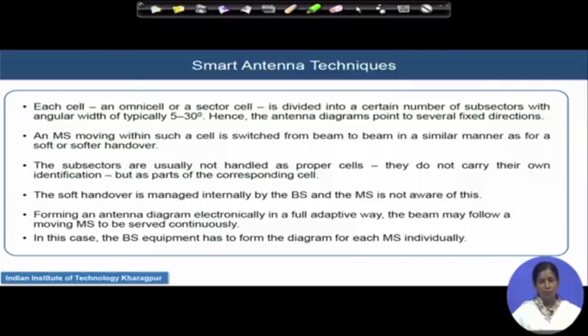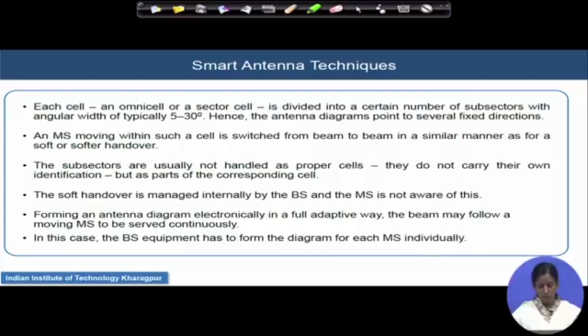In case of the uplink, the beamforming inside the receiver itself is a completely different technique. So, currently the sectorization and the subsectorization of a sector are completely done and processed inside the base station. The soft handover is managed internally by the base station, and the mobile station is not at all aware of this. Like that, the smart antenna techniques are also inside the base station, and the mobile station is not aware of them.